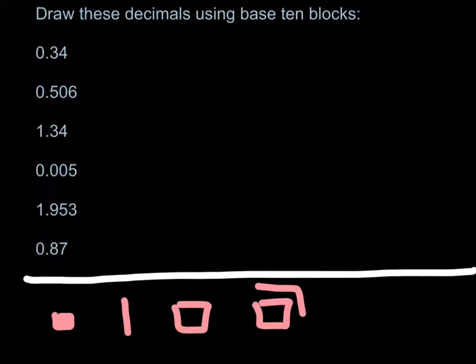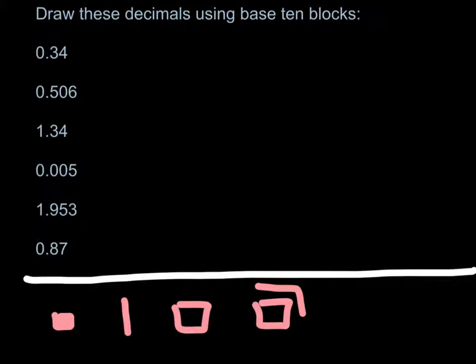Remember, the thousandths cube is representing one whole number. So if we have a number that's in the ones place, which is to the left of the decimal, that means I have one whole cube, or one big cube. Let's take a look at the first one. I have 0 and 34 hundredths. I need to show 34 hundredths.